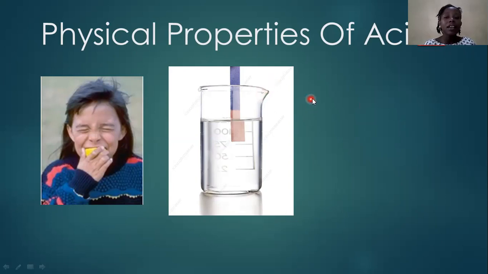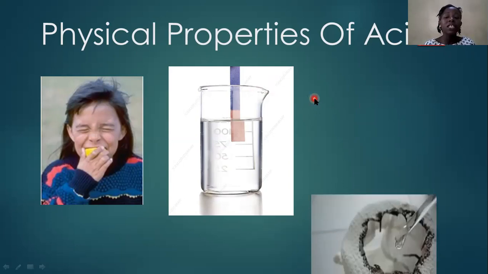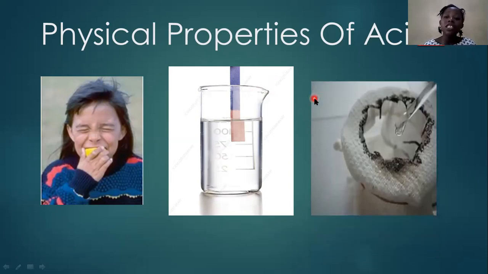Now, another physical property of an acid is that the concentrated form of strong acids are corrosive. Remember I talked about concentrated, strong, and weak acids. So the concentrated form of a strong acid, like concentrated H2SO4, concentrated trioxonitrate(V) acid, concentrated hydrochloric acid, are corrosive.